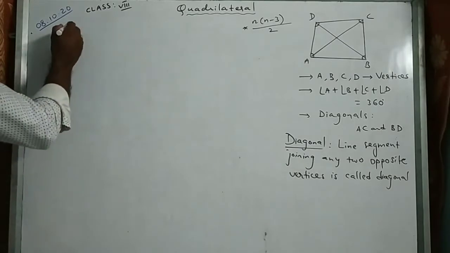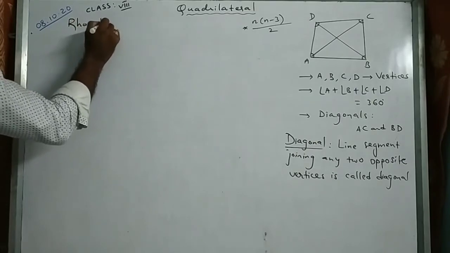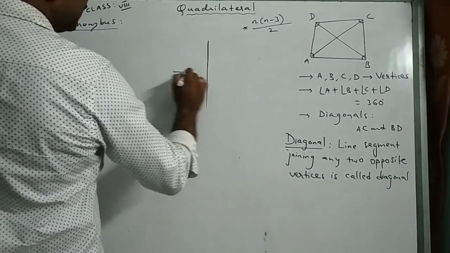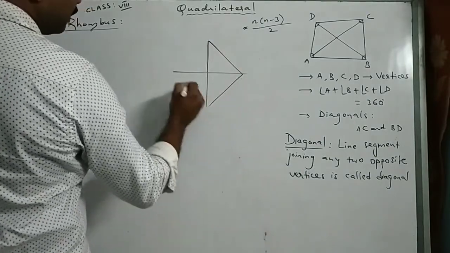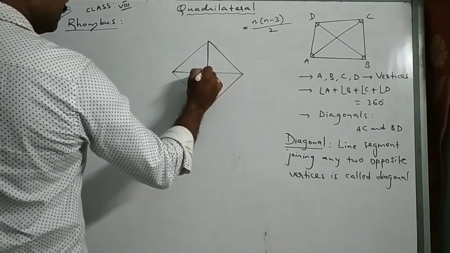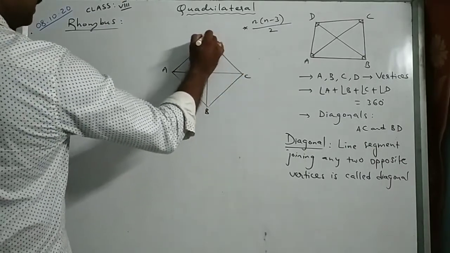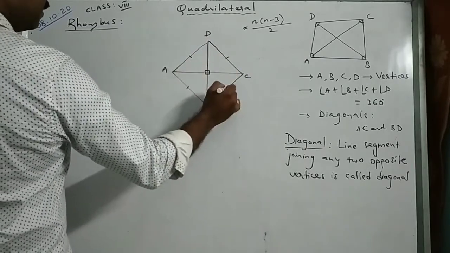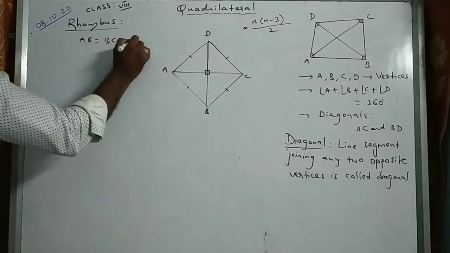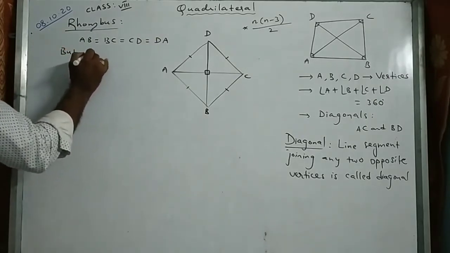That is a quadrilateral. Now one type of quadrilateral is the rhombus. A rhombus is a quadrilateral in which all sides are equal and diagonals are unequal. A, B, C, D: AB, BC, CD and DA are all equal, but diagonals are unequal.